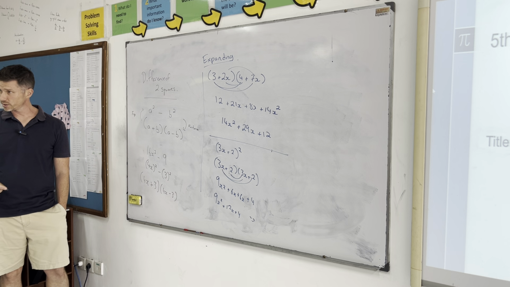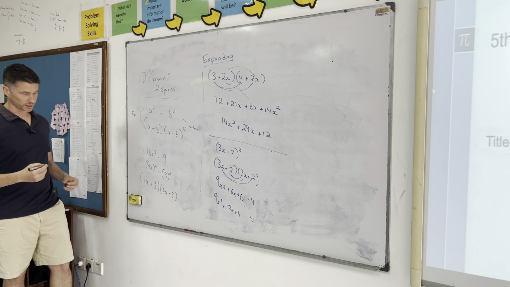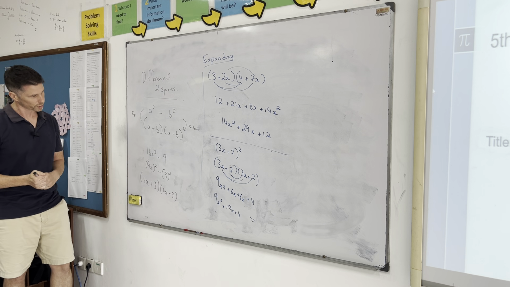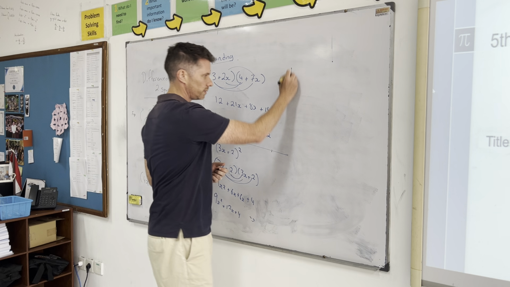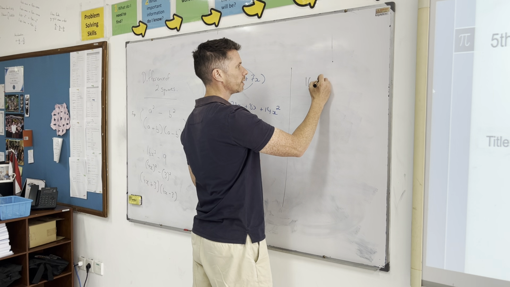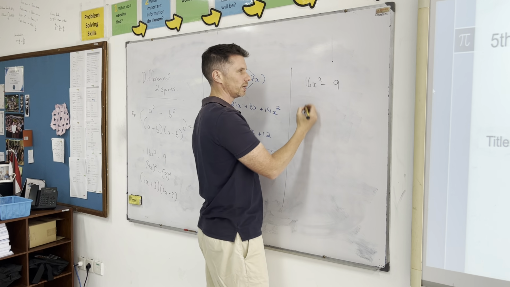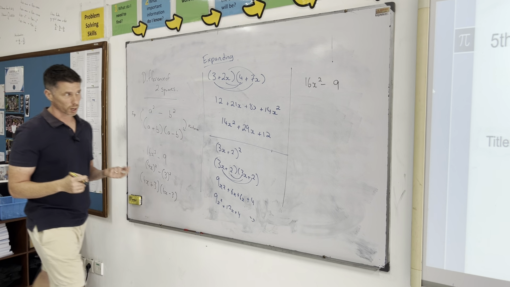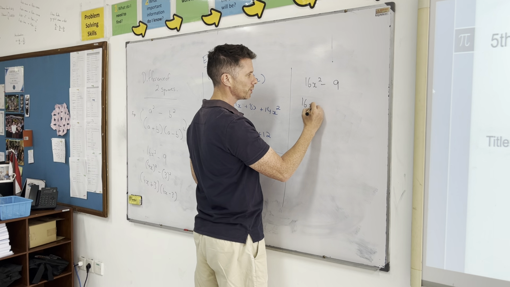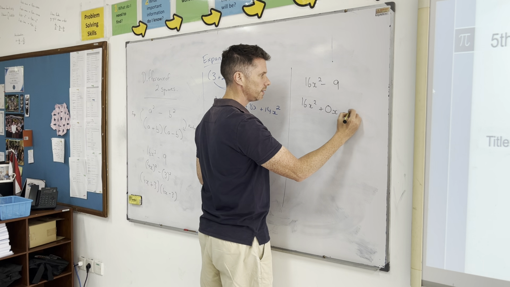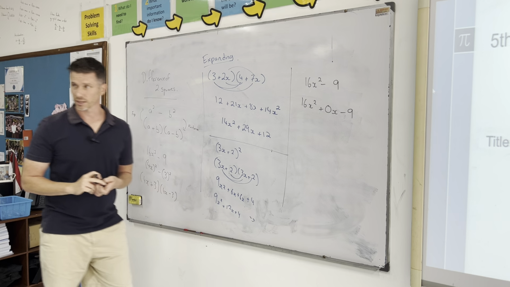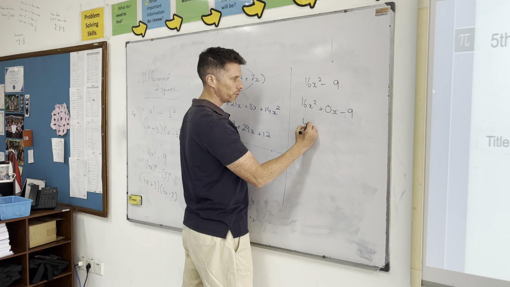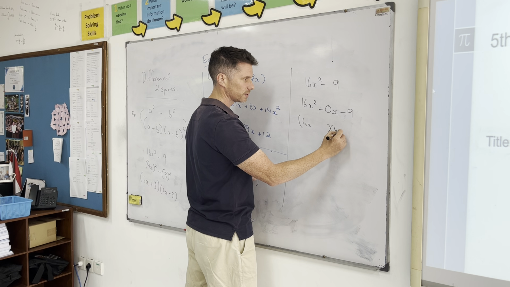Now you could factorize this by having a 0 term in the middle. Maybe you remember it this way. If we have 16x squared minus 9, and we say, how do I factorize this? You say, well, that looks a bit like a quadratic, but not quite. If I put in a 0 term in the middle, then I can try and factorize it like a normal quadratic, where I have 4x and 4x.